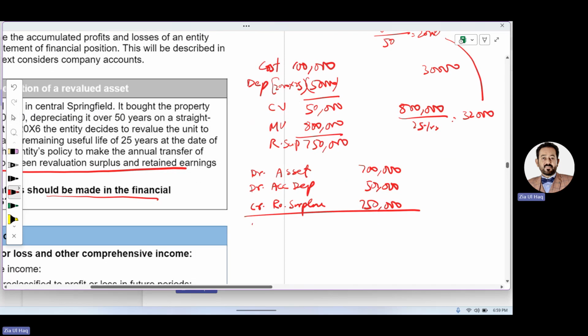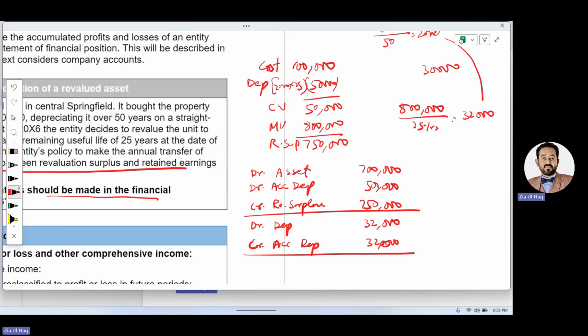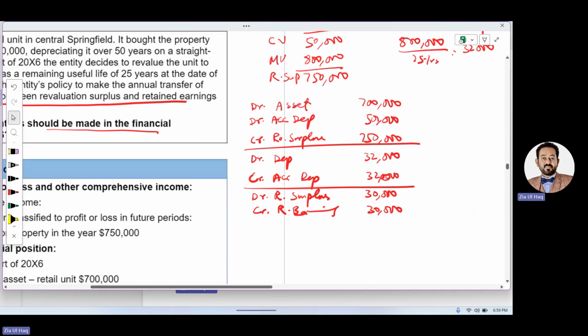And for the current year depreciation, debit depreciation expense and credit accumulated depreciation, and that will be 32,000. And for the extra depreciation, we will record the entry: debit revaluation surplus with 30,000 and credit retained earnings 30,000.